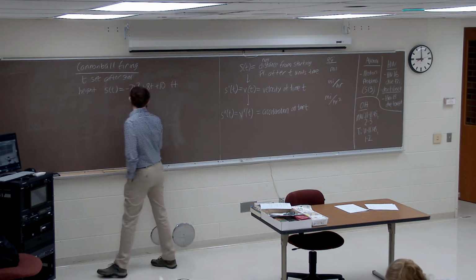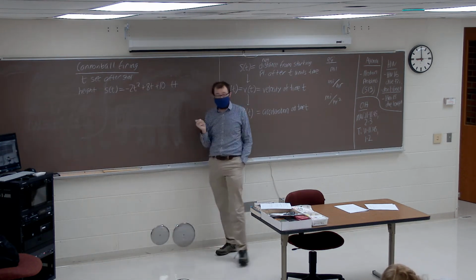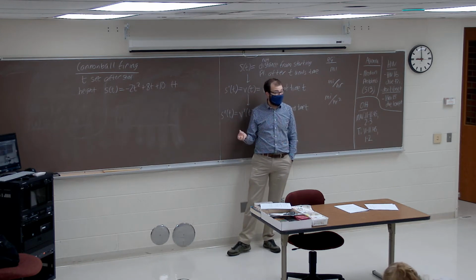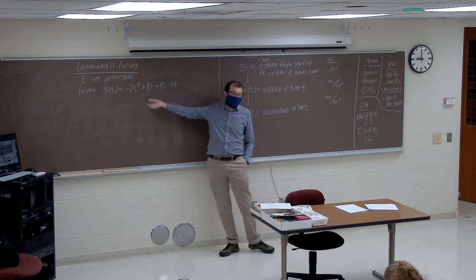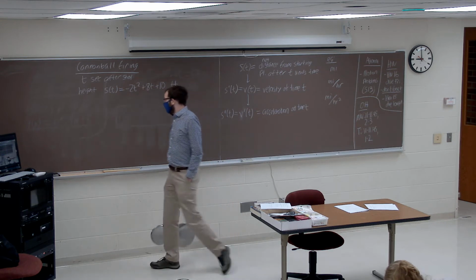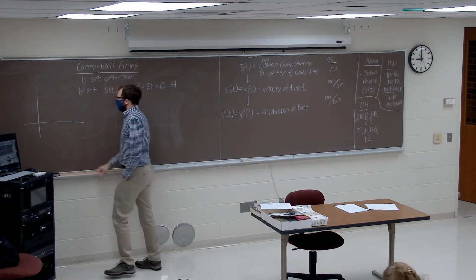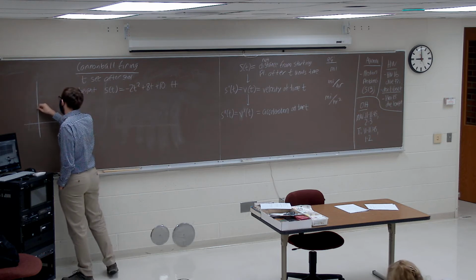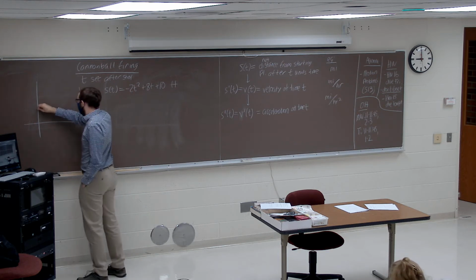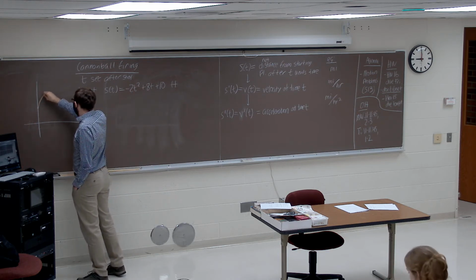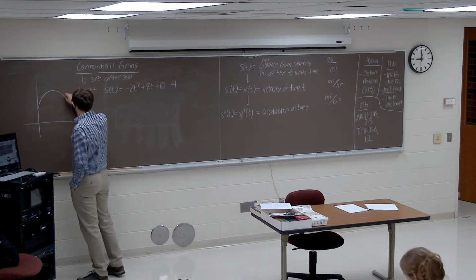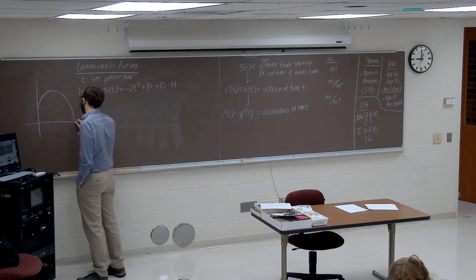Negative 2t squared plus 8t plus 10 is going to give us a parabola, since it's a t squared type function, which if we were to shoot, would start off at some height here, would go upwards, and then arc back down until it eventually, let's say, hits the ground.